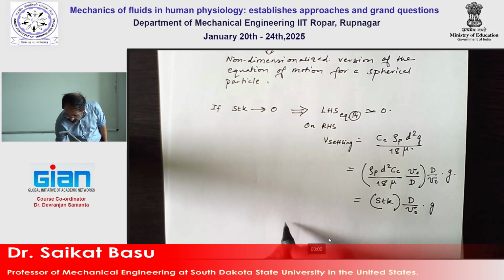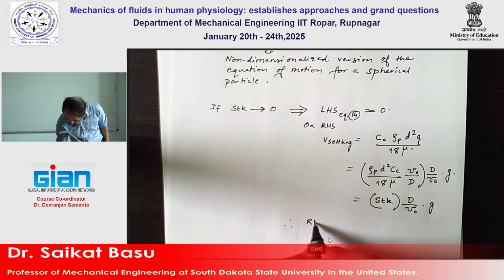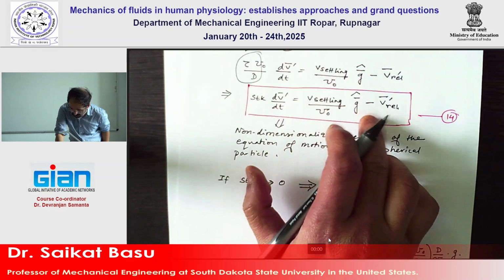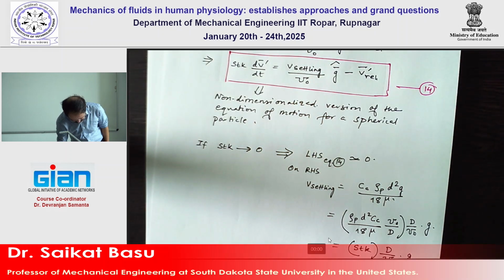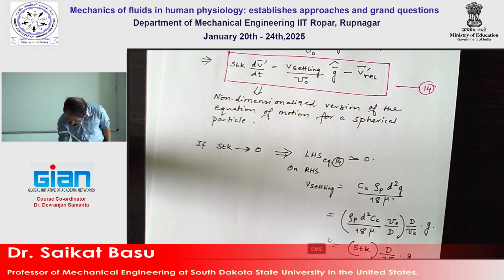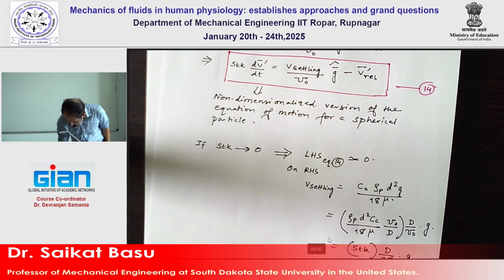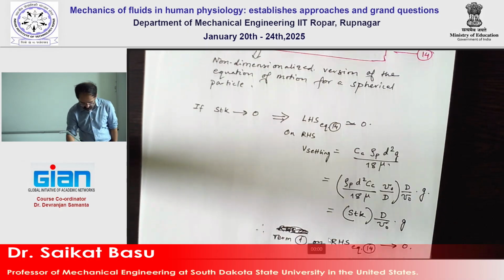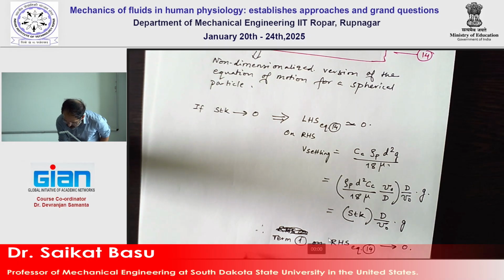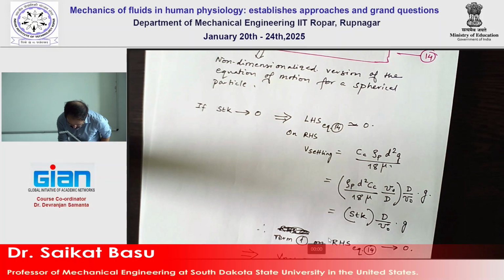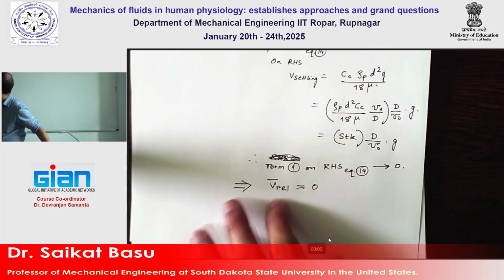So therefore, the right hand side in equation 14, this is 0. You just are left with the v relative. So term 1 on the right hand side of equation 14 is approaching 0. That being the case, therefore v relative is 0.